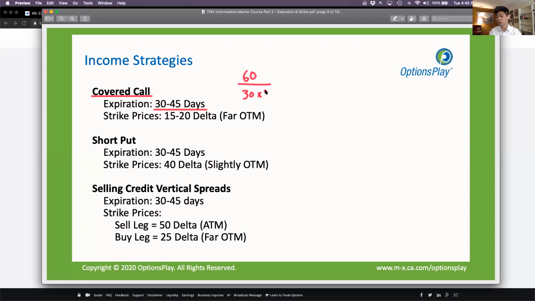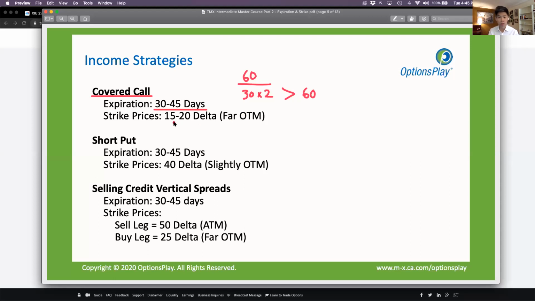And we know that if we sell a 30-day option twice, that adds up to more income than what you can receive from selling a 60-day option. So whenever you're going beyond 45 days, what you're really giving up is quite a bit of income. So anything greater than 45 days, you should be selling shorter dated options.